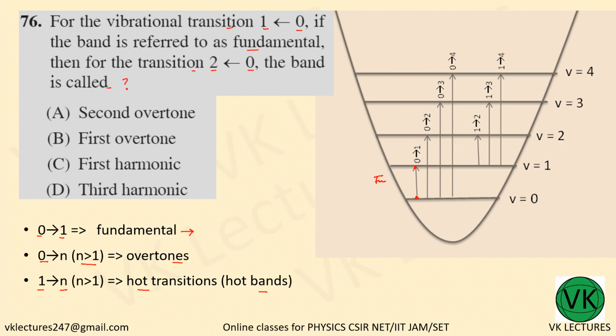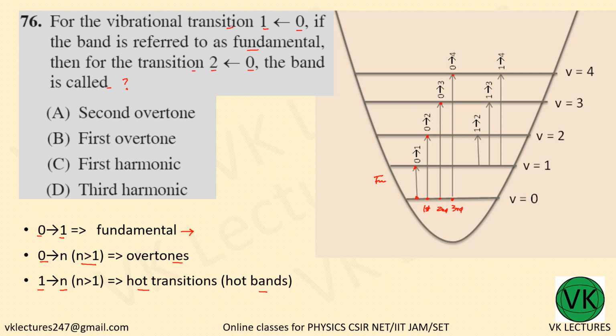Now in this figure, 0 to 1 is the fundamental band. The transition from 0 to 2 is called the first overtone. 0 to 3 is called the second overtone, and 0 to 4 is called the third overtone.